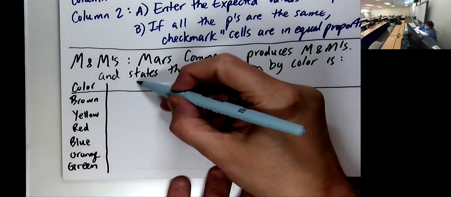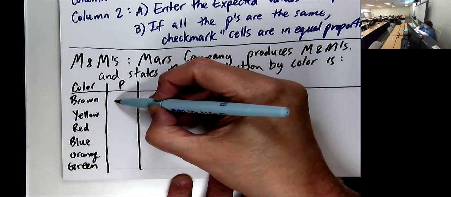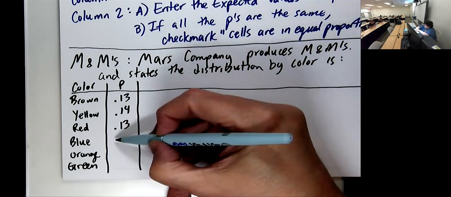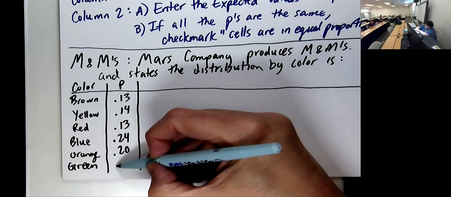They say the proportions are this: 0.13, 0.14, 0.13, 0.24, 0.20, and 0.16.